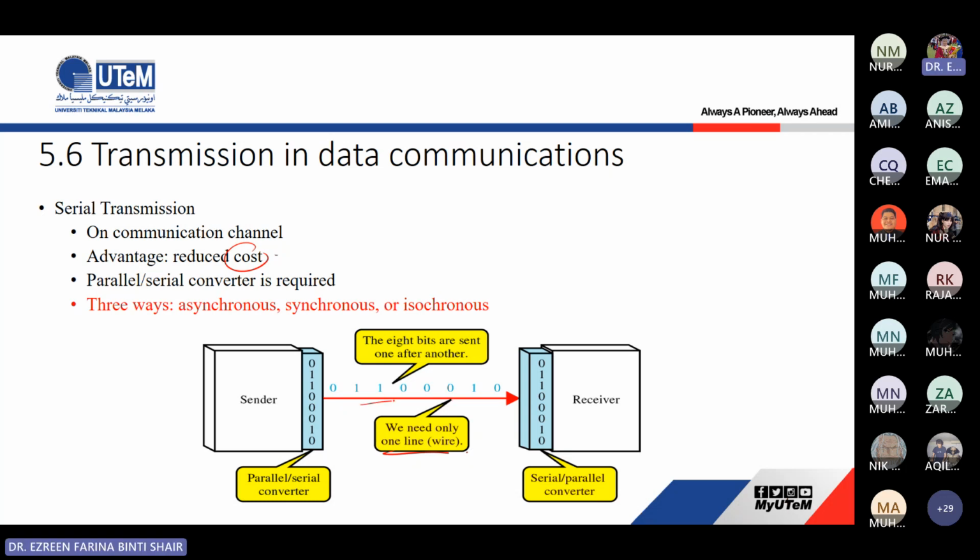Then only can you send this data through a single line. And you need a serial to parallel converter at the receiver in order to convert this data back to parallel, like this: 0, 1, 1, 0, 0, 0, 1, 0.